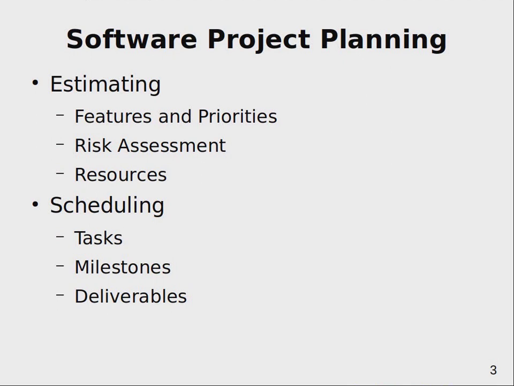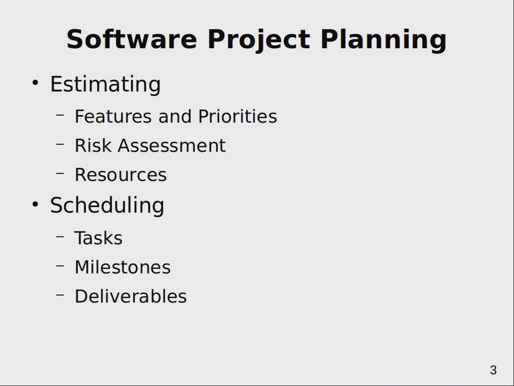For example, how you do different kinds of estimations: you estimate first the scope of work, then features and priorities of your project, you assess different kinds of risks, and you estimate how many resources you will need and what are the associated costs and time according to it.